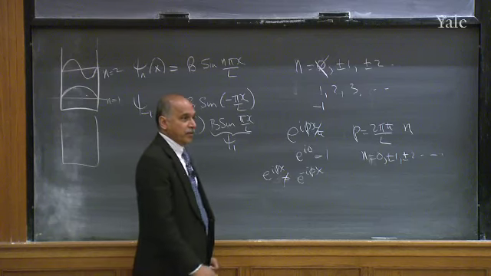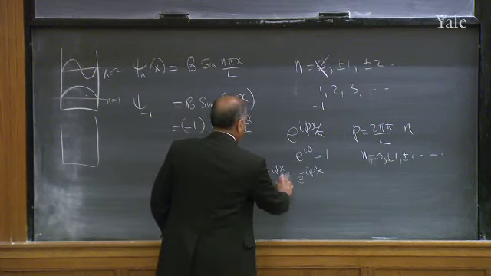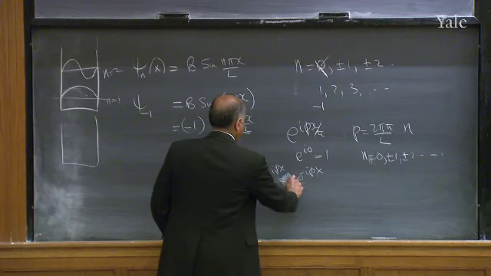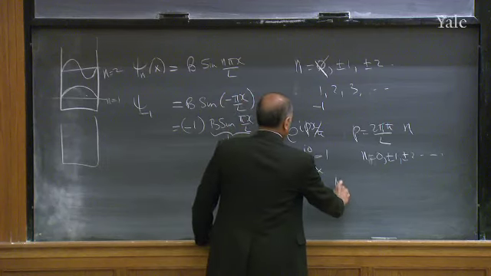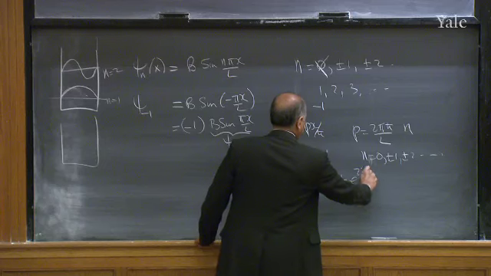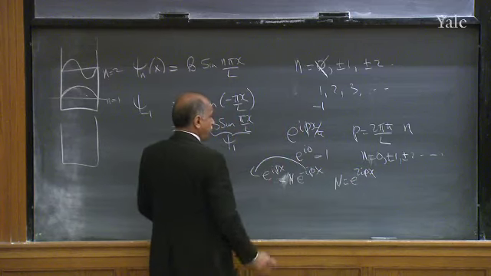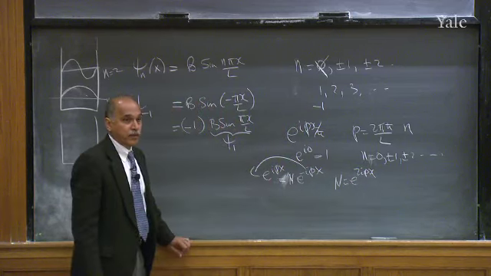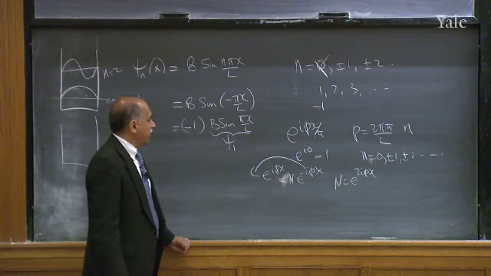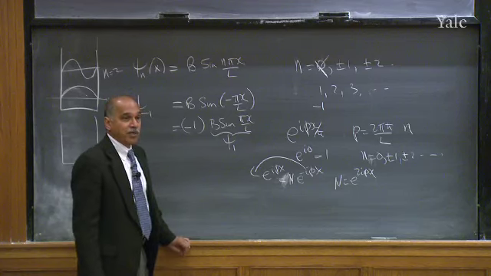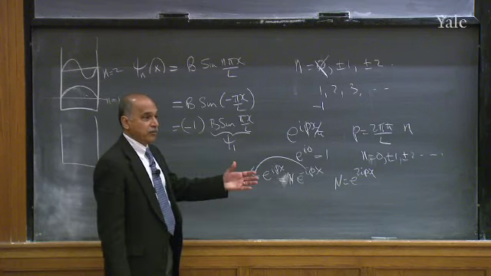And plus 1 and minus 1 are not the same, because e to the iPx and e to the minus iPx, I forget the h bar, are not proportional to each other. You can never write e to the iPx as a multiple of e to the minus iPx. If there were such a multiple, let me call the multiple n, then n is really e to the 2iPx by bringing it to the other side. That's certainly not a constant. So e to the iPx can never be converted to e to the minus iPx by multiplying by any number, so it's an independent solution.